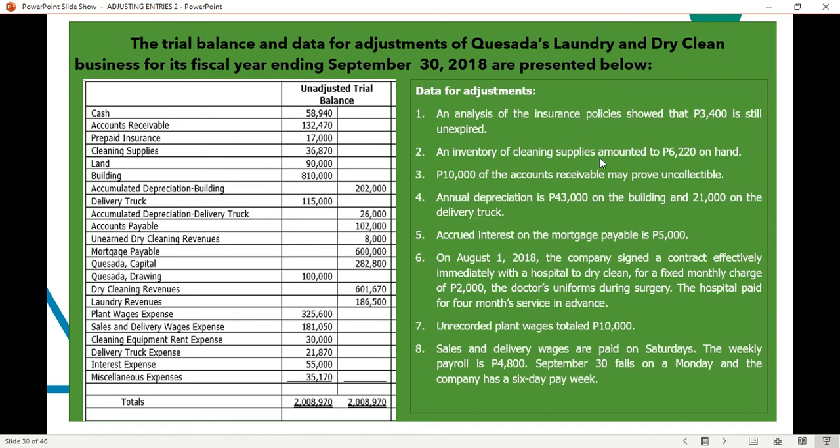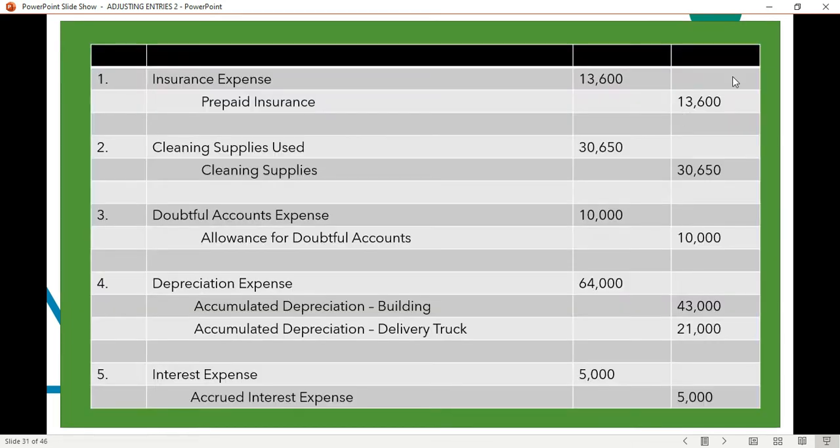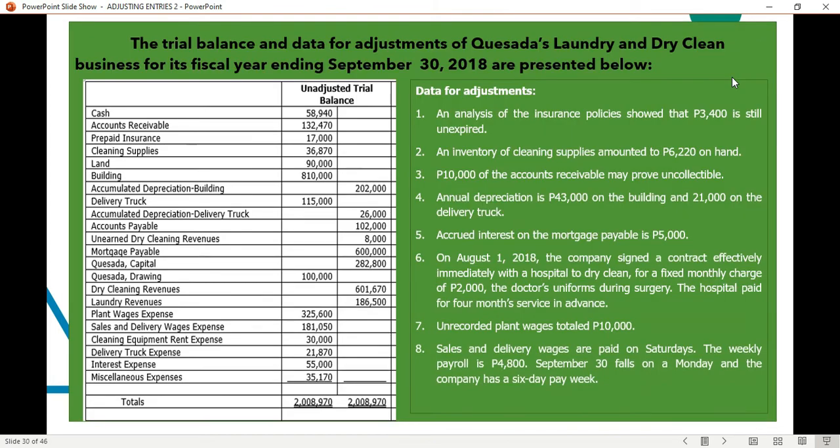For number two, an inventory of cleaning supplies amounted to 6,220 on hand. It means that these are the unused portion of the cleaning supplies, 6,220. Again, check the existing account in your unadjusted trial balance to determine the account title or the method used to record the purchase of cleaning supplies.